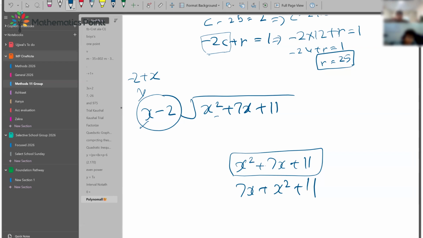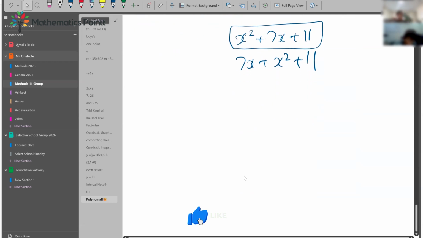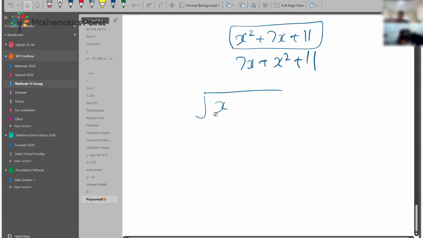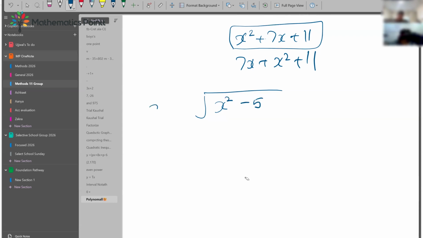That's number one. Number two, you might have a scenario. For example, if I say, can you divide x square minus 5 by x minus 2? Now the divisor is in the decreasing order because x comes first and then the constant. But look here inside.